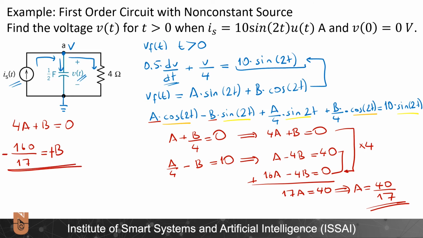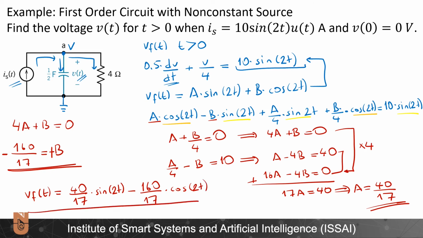So I find my B as well. Accordingly, the forced response of the circuit will become 40 over 17 times sine 2t minus 160 over 17 times cosine 2t. This is only the first part.